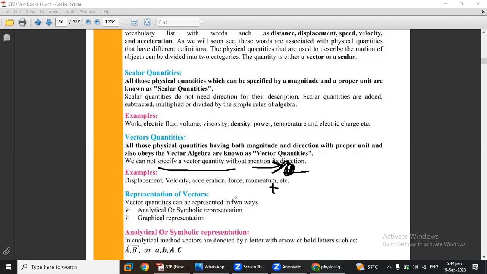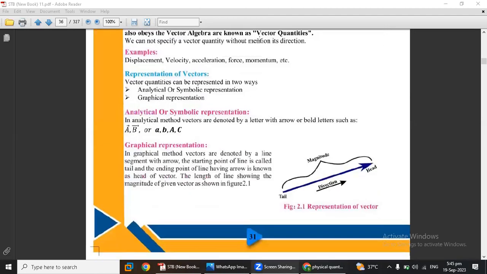A representation of a vector can be in two ways. One is the analytical or symbolic representation, which means we write a vector representing its direction with an arrow over it, or writing it like this. But we have another representation too, which is the graphical representation.